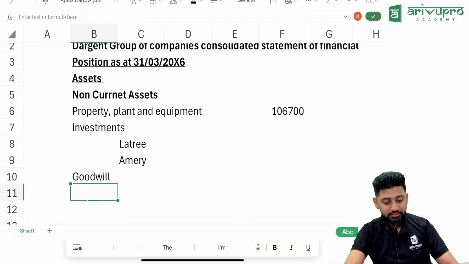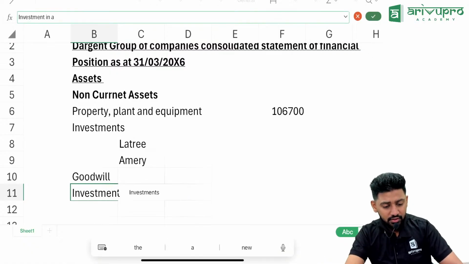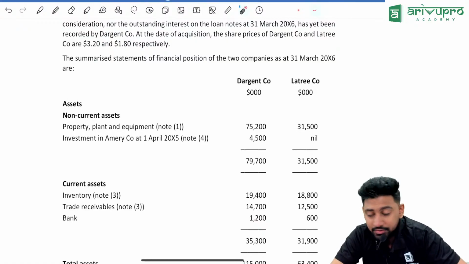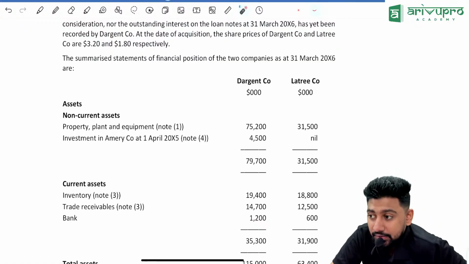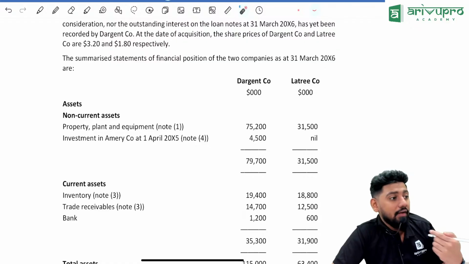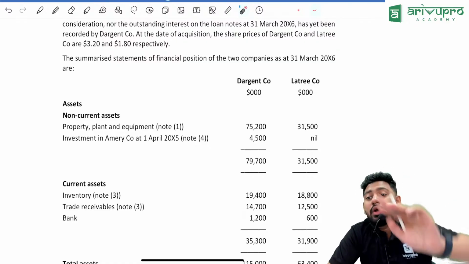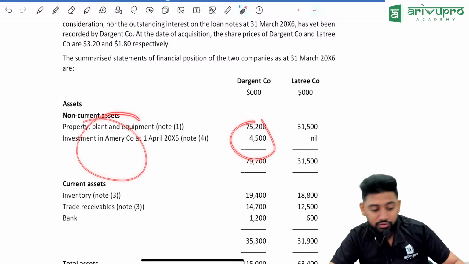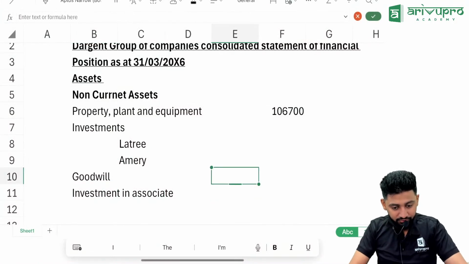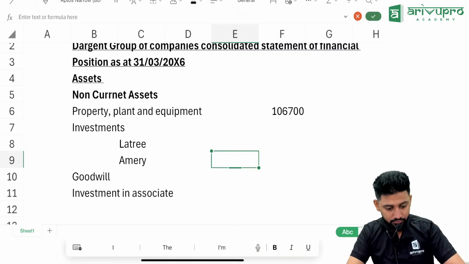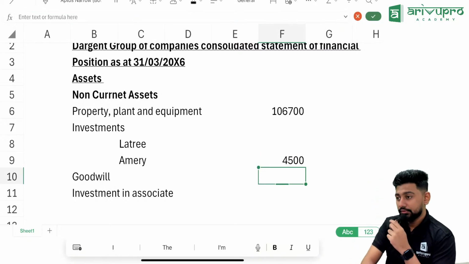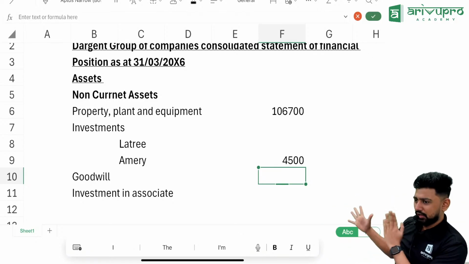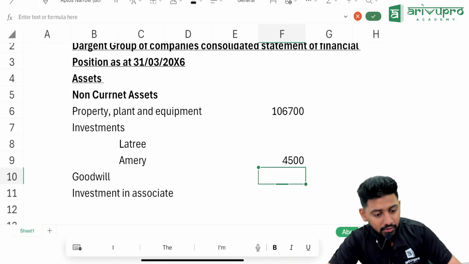Investment in Amari will result in investment in associate. For investment in Latry, they have not given me anything yet. Probably they have not recognized it. I am going to recognize it. Investment in Amari, they have given me 4,500, so I will have my 4,500 here. Are we clear? I am just putting my structure out and getting my structure right. That's all I want to do. Super.